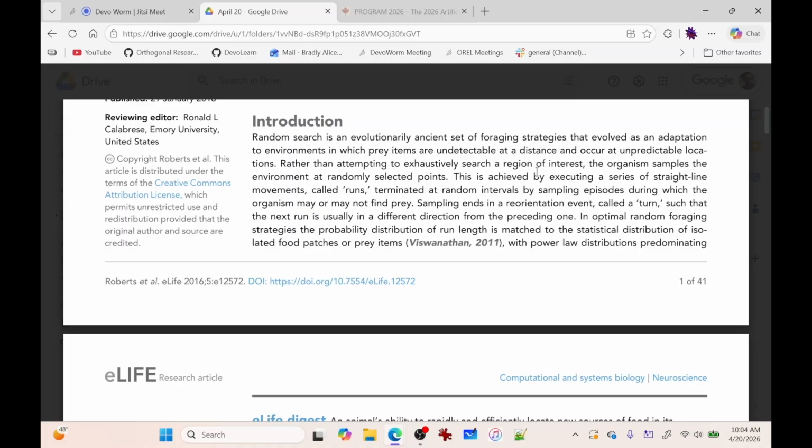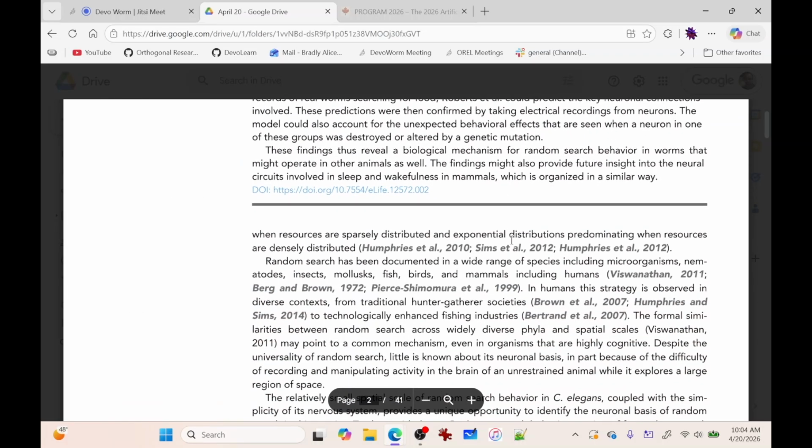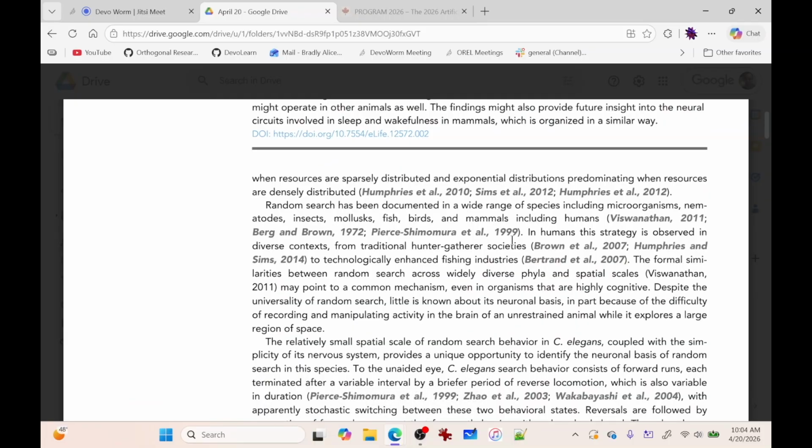So the worm makes a bunch of short runs and then makes a long sweep through the space, and then another bunch of short runs and another long sweep, and that's distributed according to a power law. People have observed this in a wide range of species, and it's called random search, but they don't exhaustively search their environment. They have some sort of strategy. It just tends to be at random.